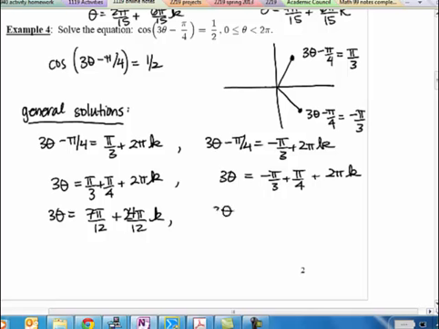And over here we'd have 3 theta is negative 4 pi over 12 plus 3 pi over 12, so negative pi over 12, plus 24 pi over 12 times k.